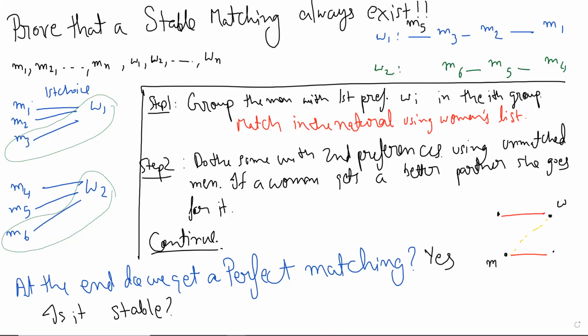But then if it's blocking, let me write that clearly. If W prefers M over a current partner, and M prefers W, then what can we say?